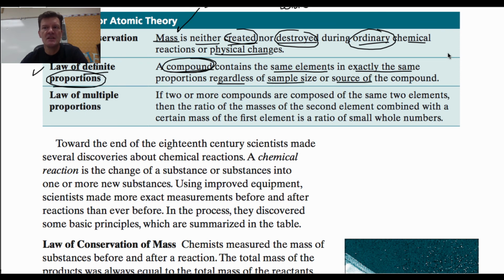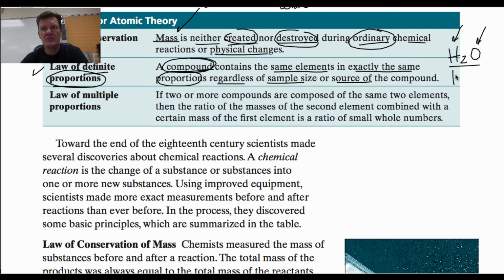What that means is if you have water, which is H2O, it doesn't matter how much water you have, a small glass or gallons and gallons or a tank or a lake or whatever, the ratio, the proportion in which hydrogen and oxygen combine to make water is always going to be 2 parts hydrogen to 1 part oxygen.